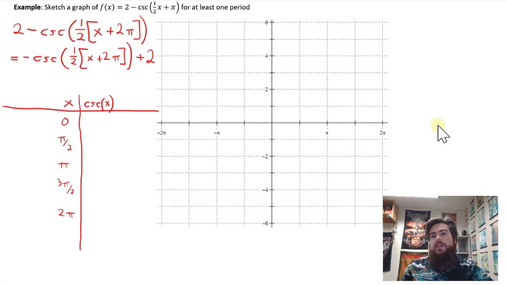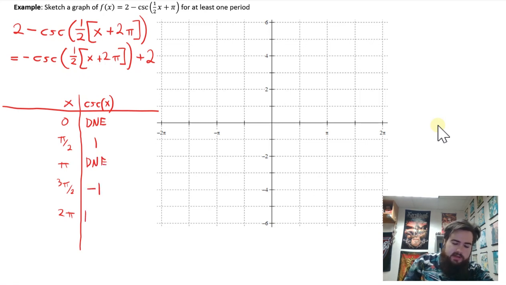The values for cosecant are going to be just the same as the values for sine, except instead of 0, we have asymptotes. Sine would normally be 0, 1, 0, -1, and 0. So instead of 0, I have an asymptote, and then 1. Instead of 0, I have another asymptote, and then -1, and another asymptote at 2 pi.